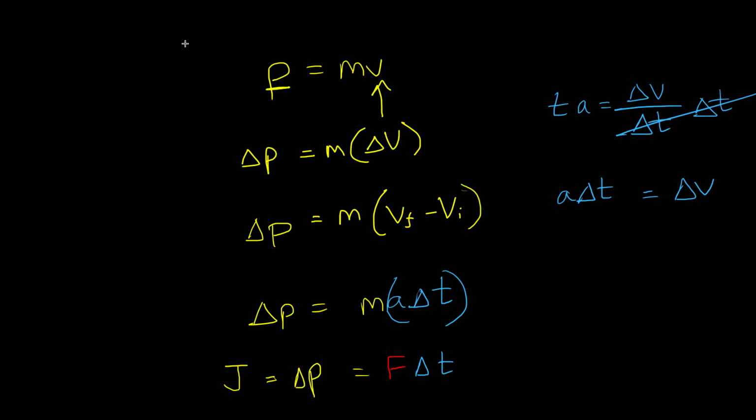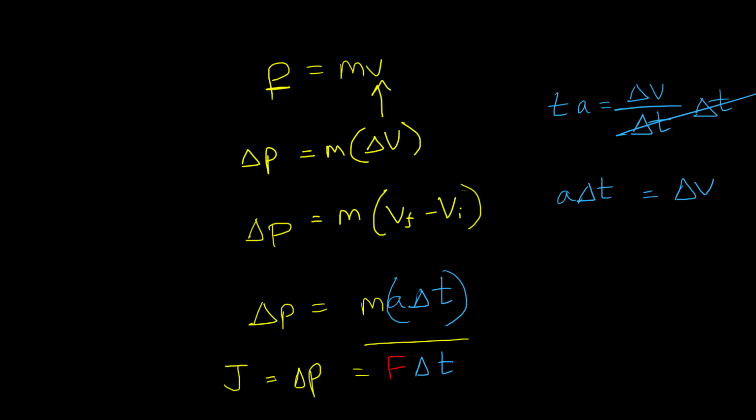Impulse is a term that quantifies the overall effect of an object that has a force that acts over a certain amount of time. And the symbol that we use for impulse is J, and we use the equation to solve for impulse as force times the change in time.